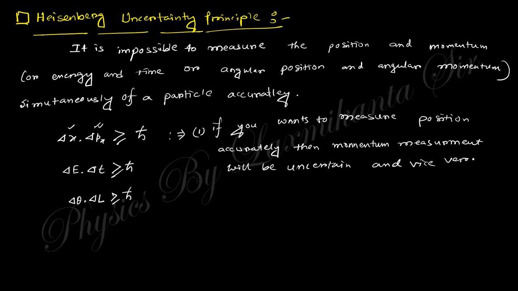That means when you want to measure the momentum accurately, then the position will be uncertain. Okay, so this is the basic of the Heisenberg uncertainty principle.